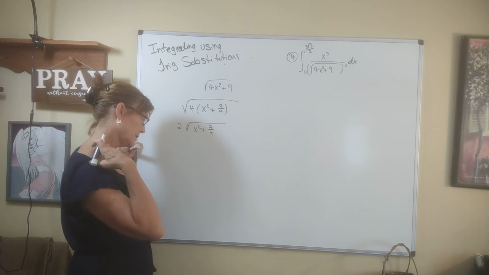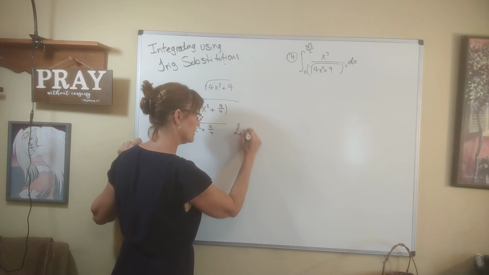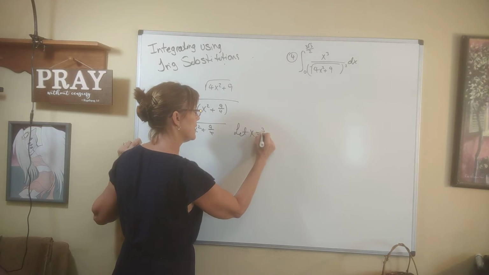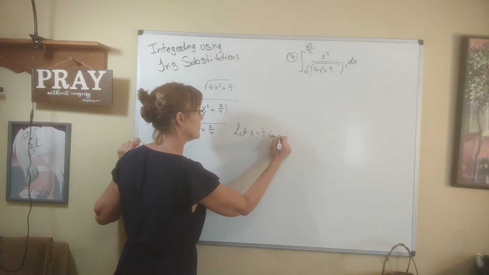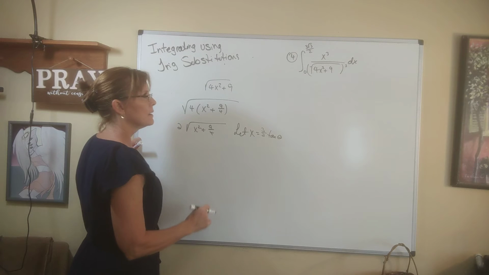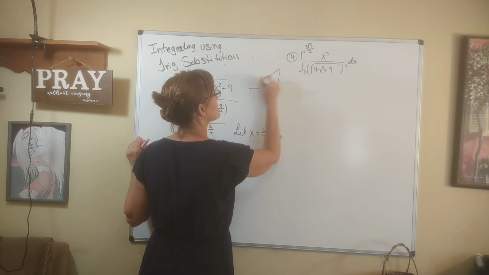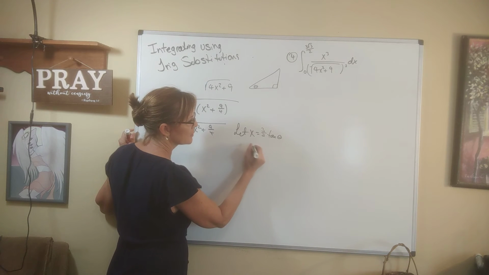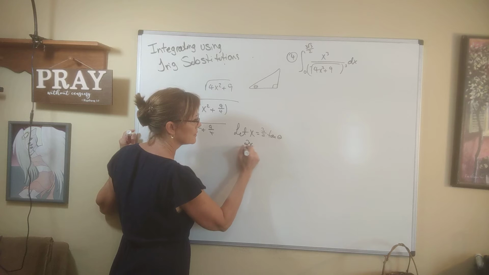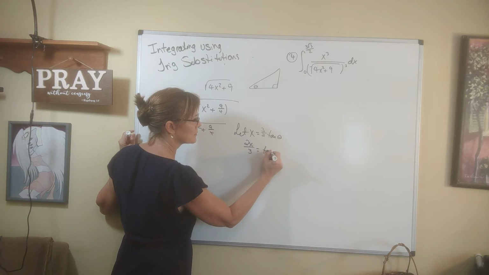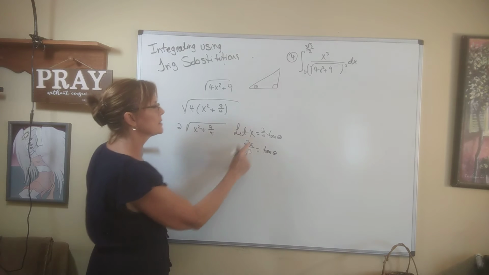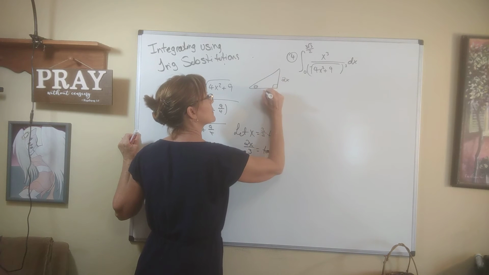Okay, this clears this up for me. I'm going to let x equal a, which is 3/2, times the tangent of theta. All right, that helps. There's my triangle, there's my theta. If I solve for tangent of theta, I multiply by 2/3. So tangent is opposite over adjacent, or 2x over 3.